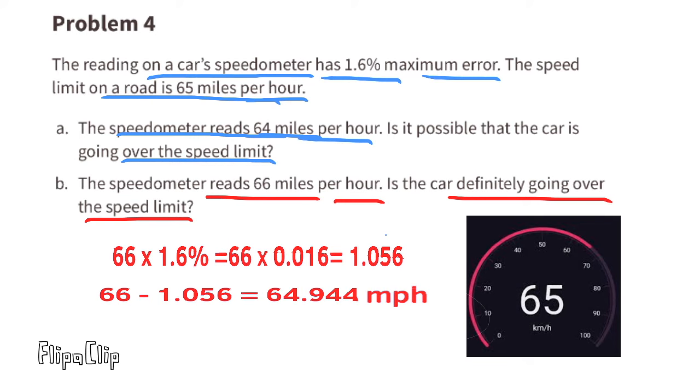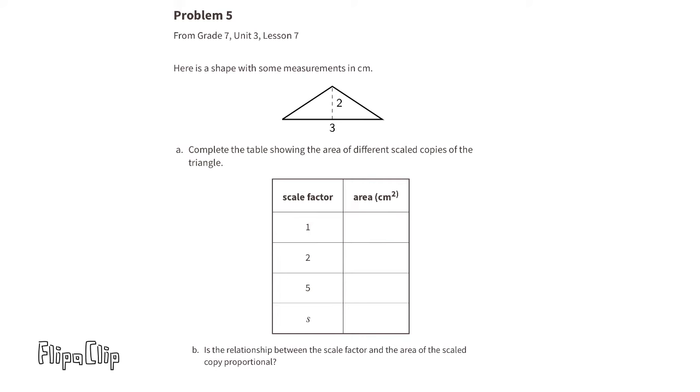That's 64.944 miles per hour, which is actually under the 65 mile per hour speed limit. So the answer to B is no. The car is not definitely going over the speed limit because it is possible that it's traveling at less than 65 miles per hour. Problem number 5 from 7th grade Unit 3 Lesson 7.